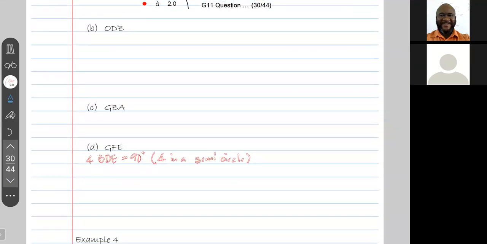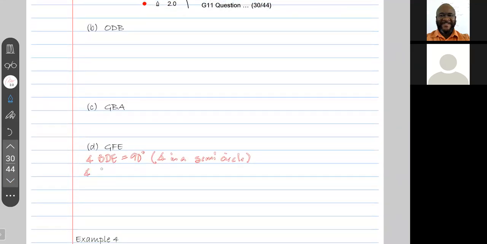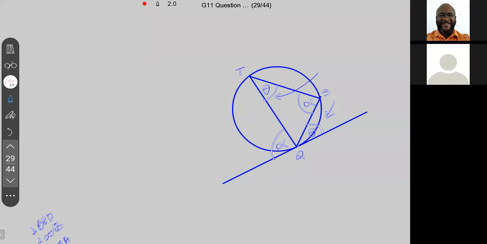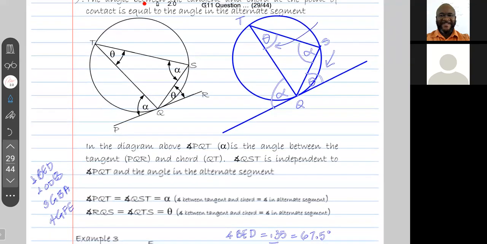Then I could say angle GDE is equal to 90 minus 22.5. This is 67.5 degrees. So this angle is 67.5.